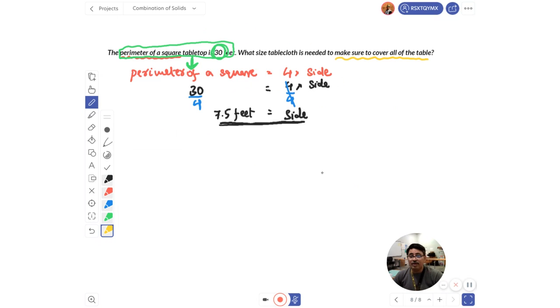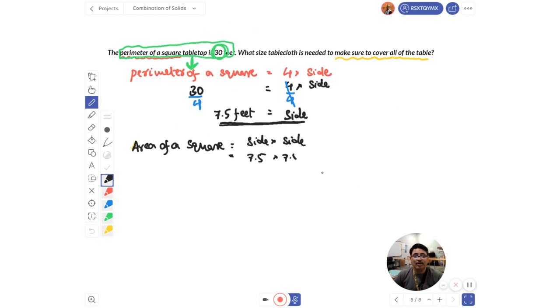Therefore, let me compute the area of a square. So area of a square is side multiplied by side. Therefore, 7.5 multiplied by 7.5 is 56.25. It's area, it's not volume. Therefore, this is going to be these many square feet.